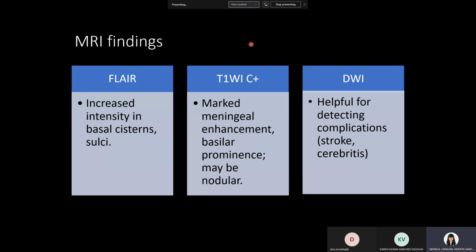Now, in the MRI findings, first in FLAIR sequence, we can see increased intensity in the basal cisterns and the sulci. In contrast enhanced T1 weighted image, we can see marked meningeal enhancement, basilar prominence that may be nodular, and the diffusion weighted image is helpful for detecting complications such as stroke or cerebritis.